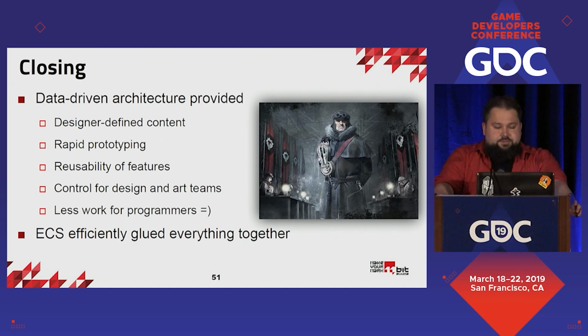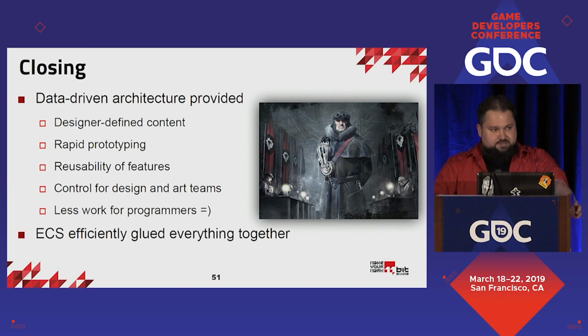So to sum up, the data-driven architecture, as I have shown you in examples, provided us with the ability to quickly iterate with minimal involvement of the programming team. It allowed us to create rapid prototypes, and the programmers were only introducing new toys for designers to play with, and artists, of course.